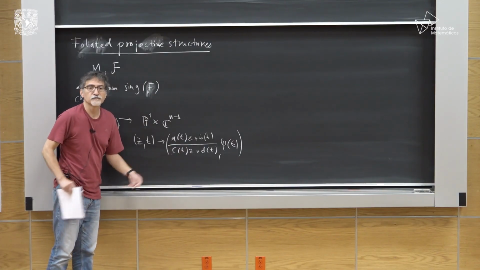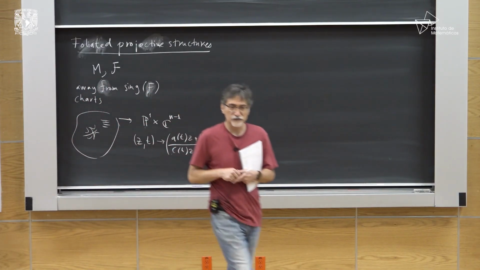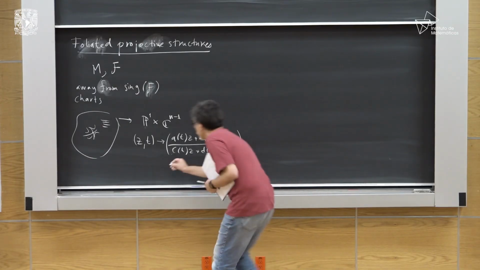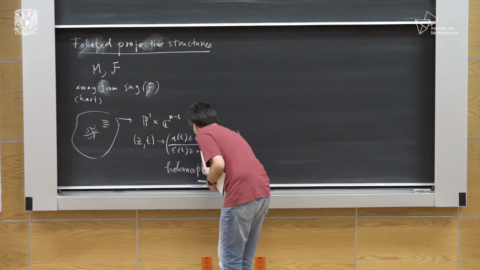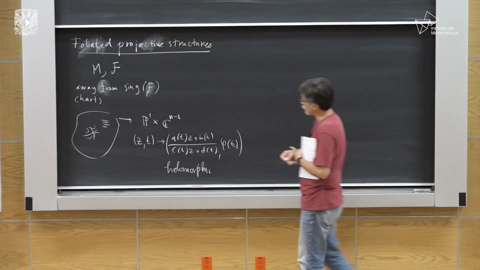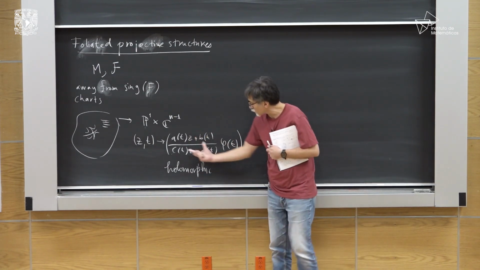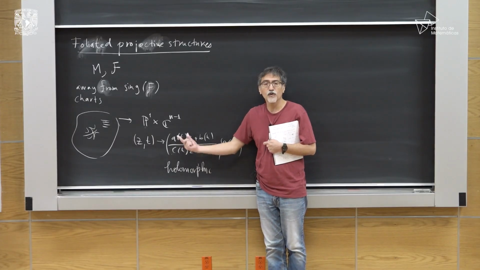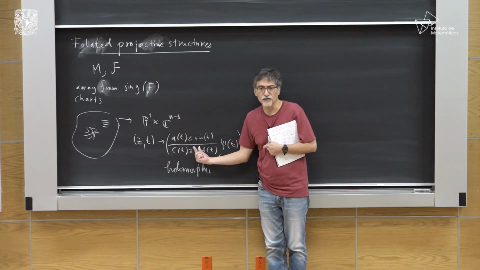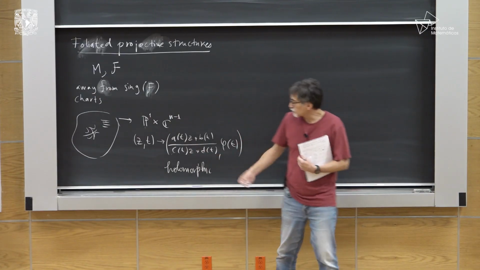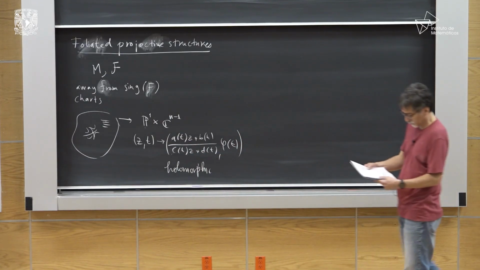Are these functions holomorphic? Yes, they are. This is a holomorphic atlas. And this gives you projective structures on each leaf, and they vary holomorphically from leaf to leaf because these functions vary holomorphically. So that's what we call a foliated projective structure.